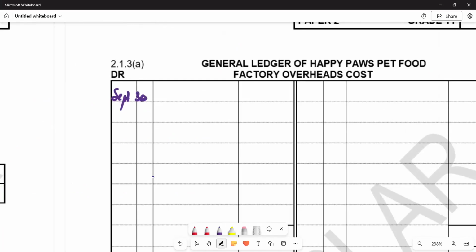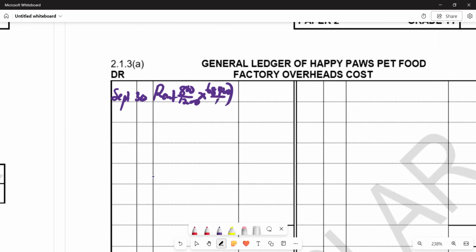Then here we are saying rent. In the calculation, remember, we are saying 800 over 1,200, and then we multiply by 68,400.